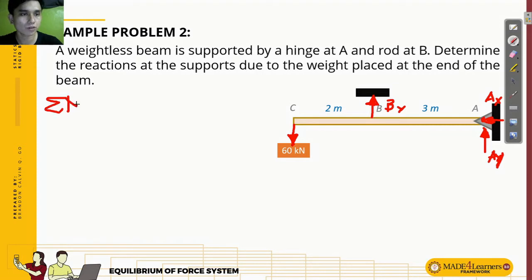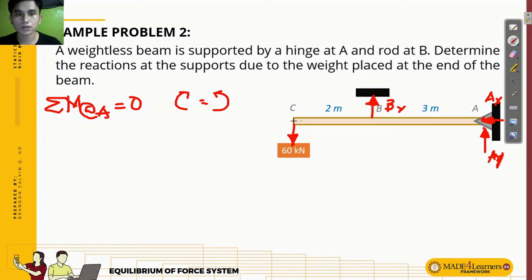So, summation of moment about A is equal to 0. So, clockwise is equal to counterclockwise. It doesn't mean that clockwise is positive and counterclockwise is negative. Okay? So, we separate them. If our assumption is that the left side is clockwise, then if we move it to the other side, the clockwise becomes negative. This way, we differentiate the direction or rotation.